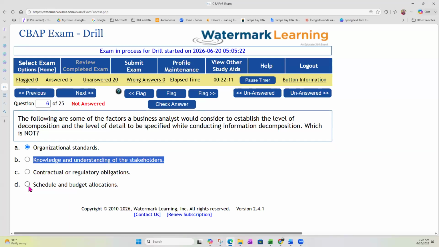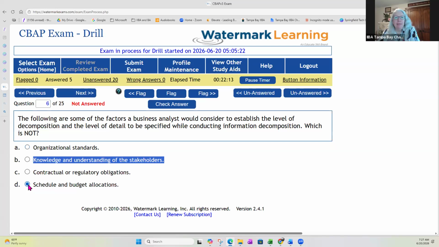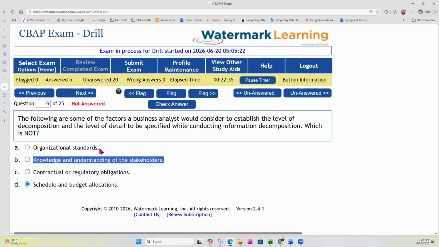Ooh, okay. Well, I think that the answer is going to be D, and I'm going to tell you why. I like organizational standards. If the organization has been doing decomposition at a certain level for two years and everyone's used to it, if you do it at a higher or lower level, that's going to be confusing for people.